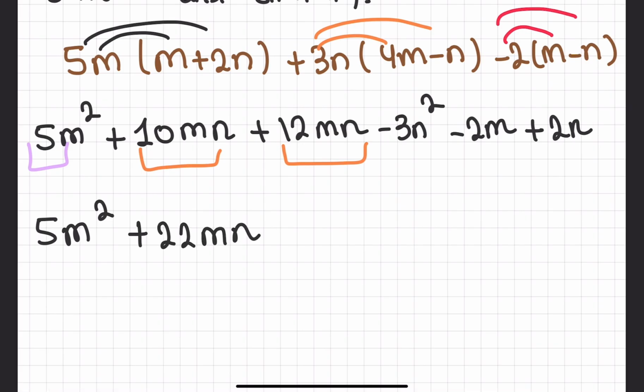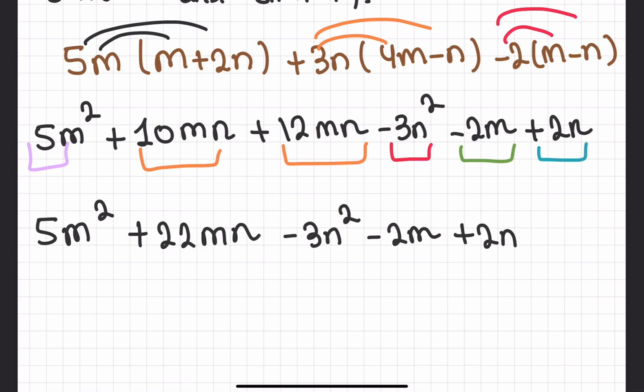Here I have -3n squared, and I don't see anything here, so this is also going to stay the same, -3n squared. Here I have -2m. I don't have any similar variable, so that also stays the same, -2m. And here I have +2n. I don't have anything similar, so it's going to be +2n. And this is our answer for this question.